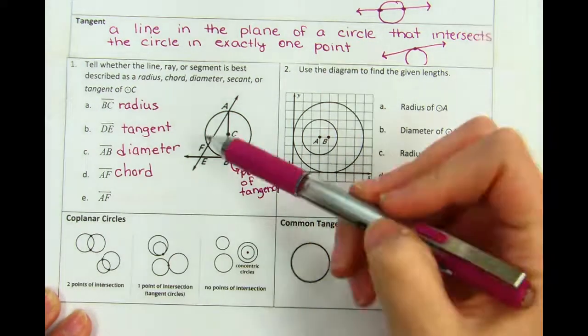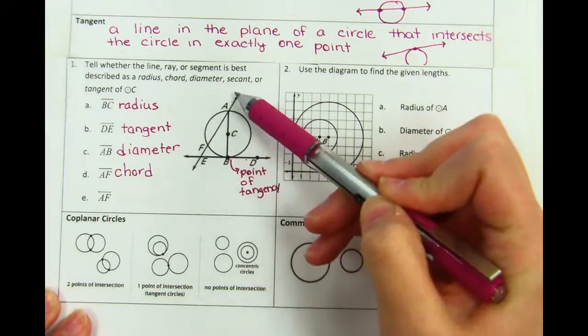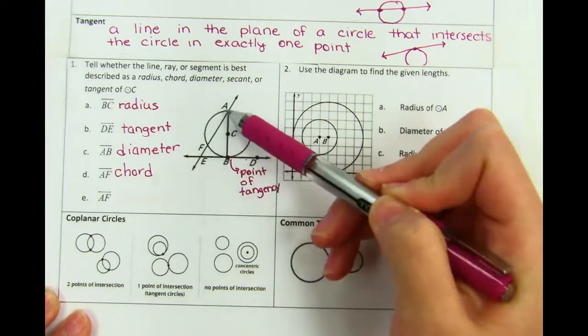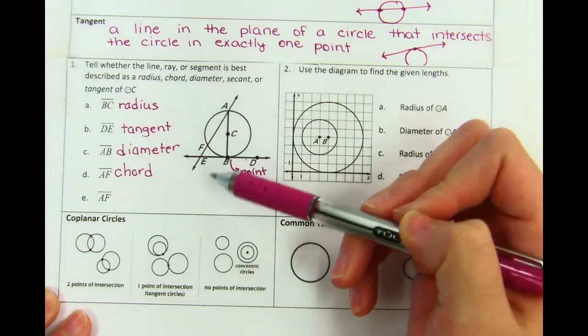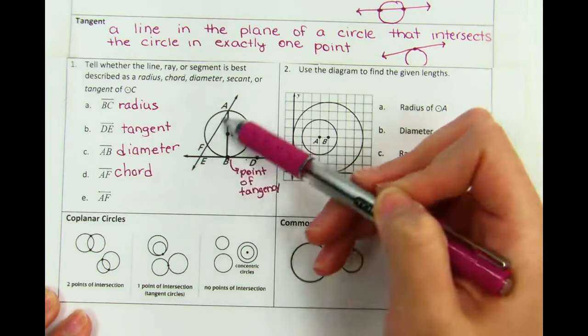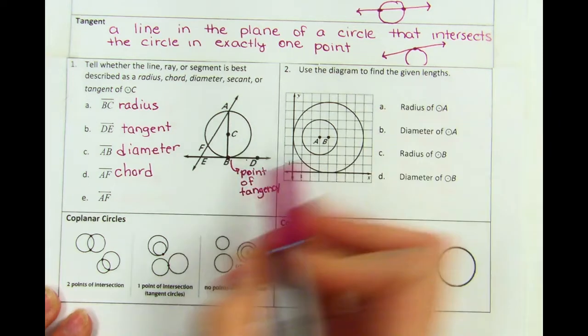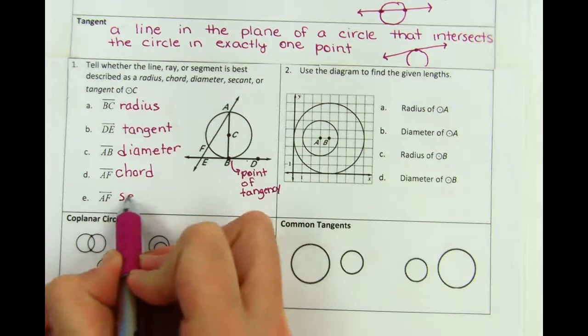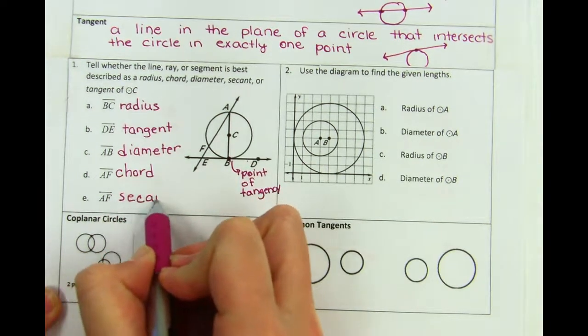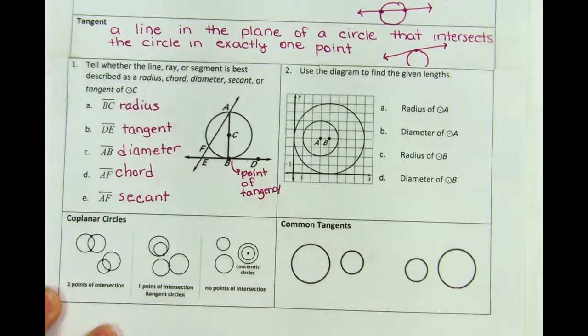Line AF intersects the circle in 2 points. It's going to be a secant. So the segment was the chord, the whole line is the secant.